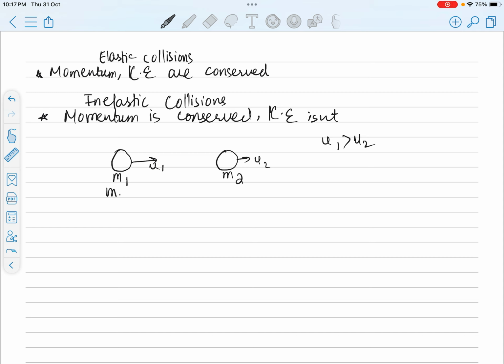This ball has momentum m1 u1, this has m2 u2. This is during collision. Now after collision, the two have exchanged their velocities, and this is m2 and this is v2.